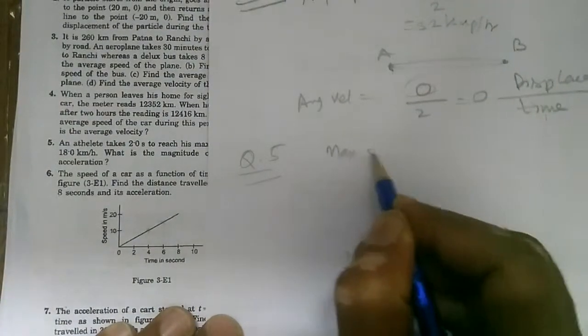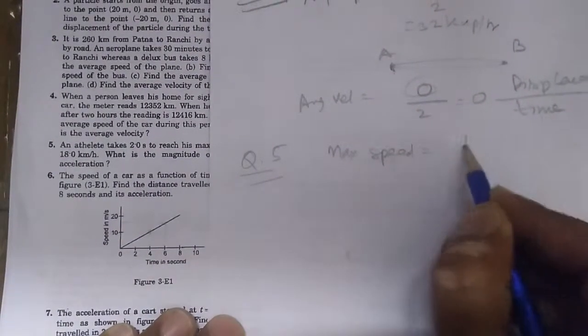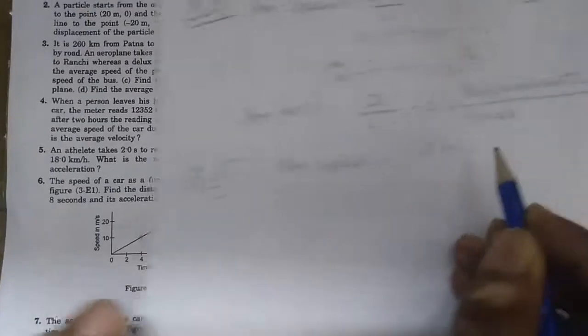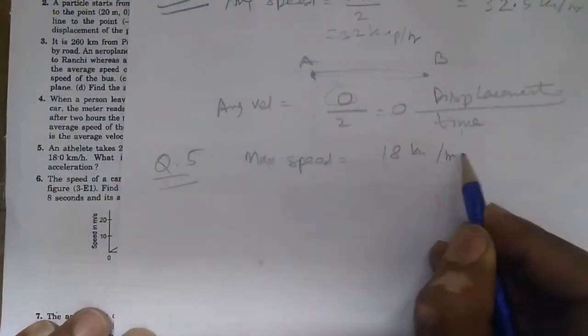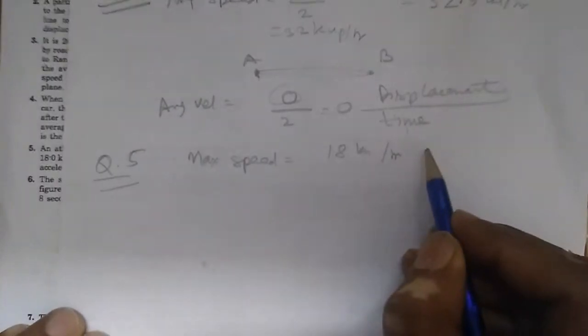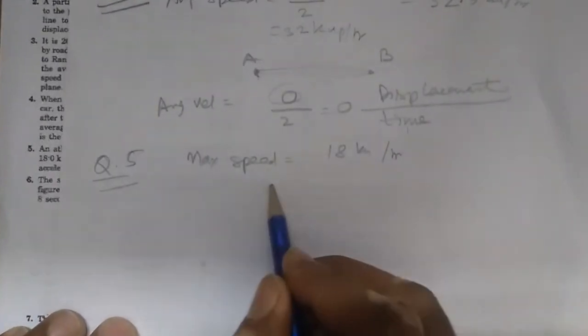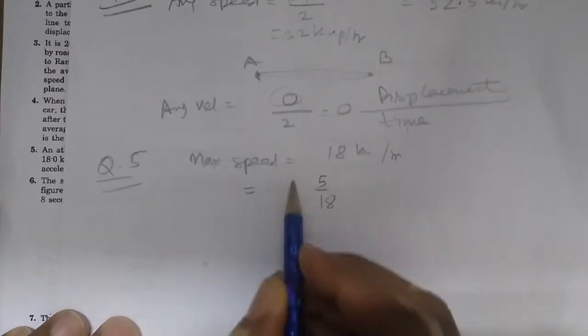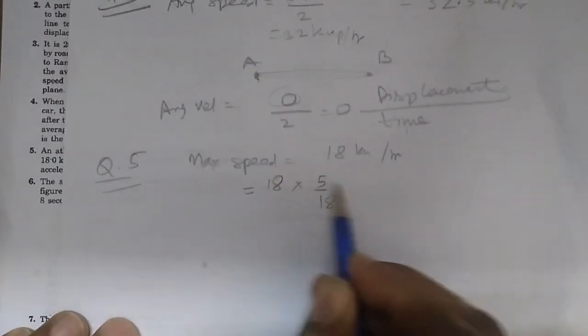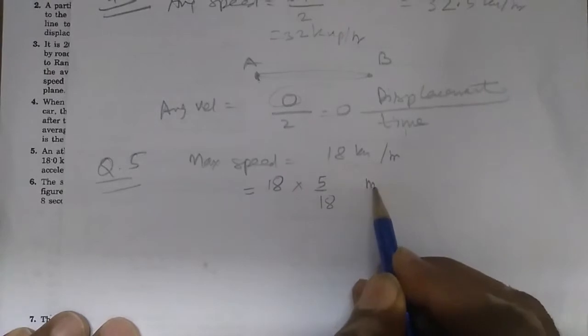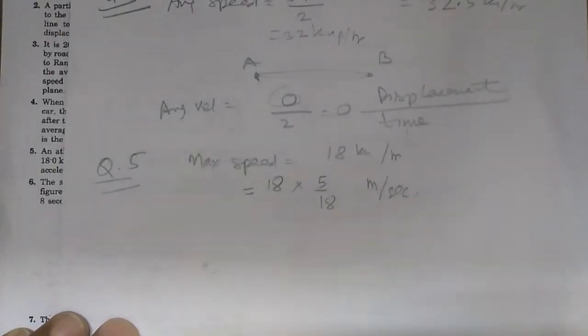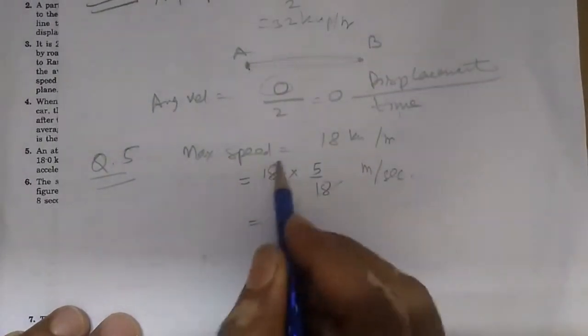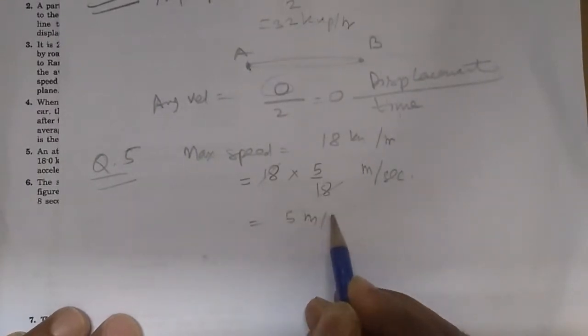You should remember one formula to convert. Max speed is equal to 18 kilometer per hour. If you are doing a lot of problems, it's often good to remember the multiplication factor 5 by 18. If you multiply any kilometer per hour by 5 by 18, it becomes meter per second. So this becomes, 18 cancels, 5 meter per second.